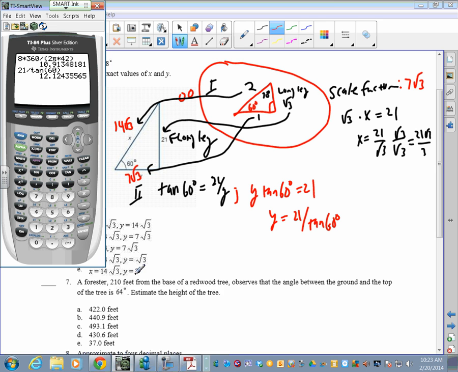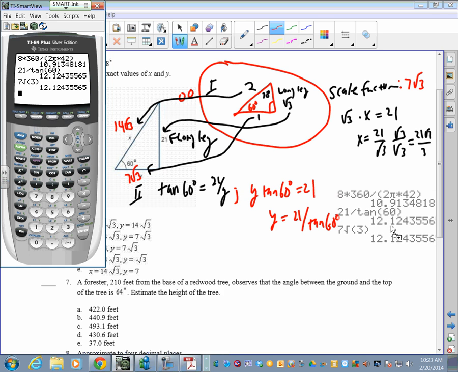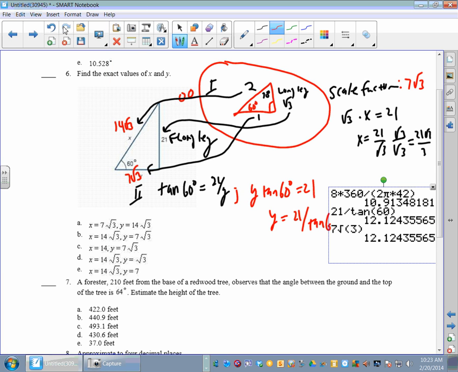So, which number is that? Is that 7√3? It's not 14√3. You just check it. And it is 7√3. So you know y is equal to 7√3. And do the same thing for x, because you have 2 choices for 7√3. Okay? And for x, you would do probably sine.